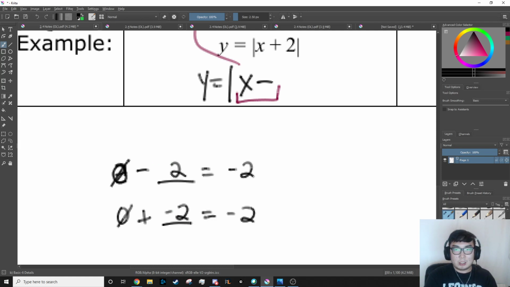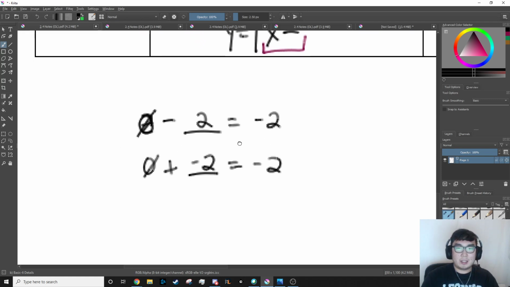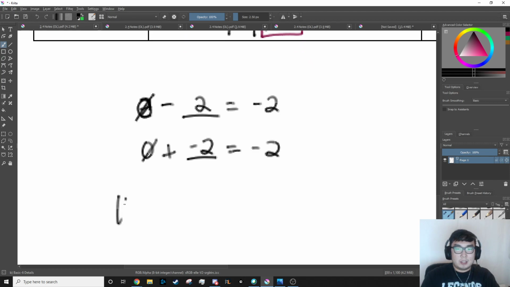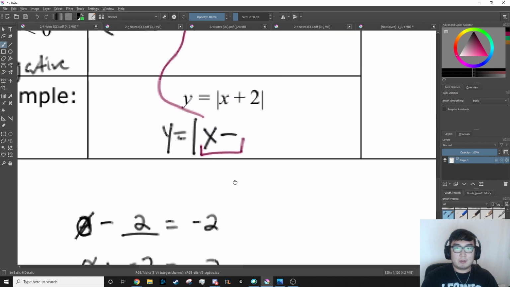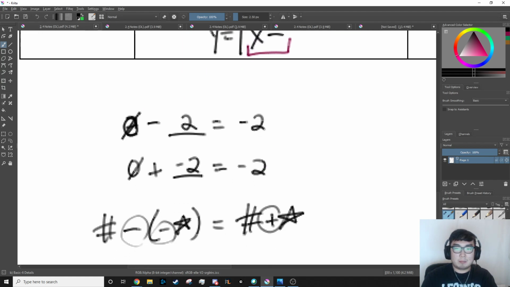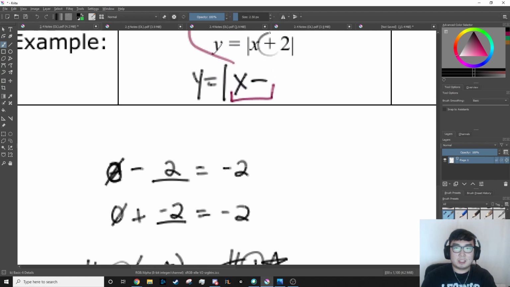Yes. So I can really say that a number subtracted by a negative different number, which I'll write as a star, is equal to the number plus star because of a double negative. Here, you see how this has a plus sign and this also has a plus sign?